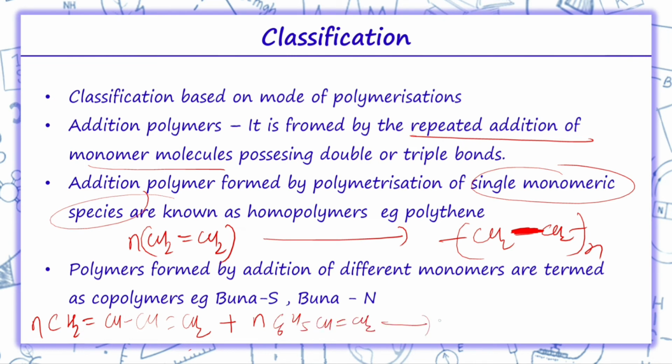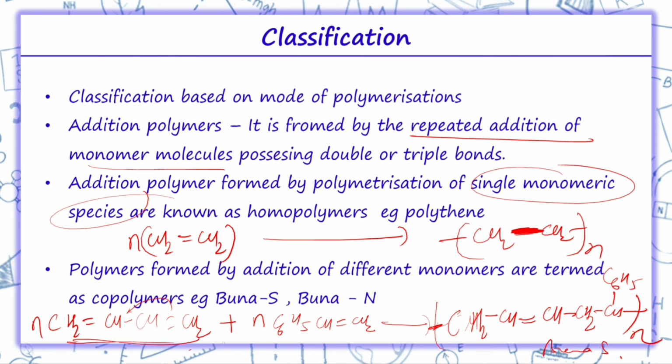So we get over here Buna S, that is butadiene styrene copolymer. So here we'll get CH2 CH, this double bond will shift over here, double bond CH. Then we have CH2, coming on to then CH, and here it will be C6H5. This is how we get Buna S.